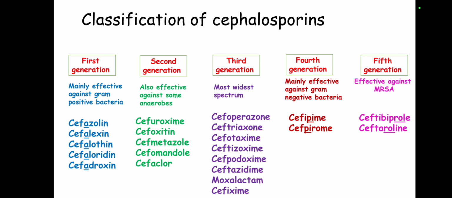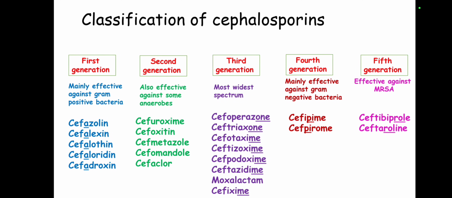Now next you check out the third generation. If after cef a is absent, pi is absent, role is also absent, but the drug ends with me, or ends with one, that means that cephalosporin belongs to the third generation.